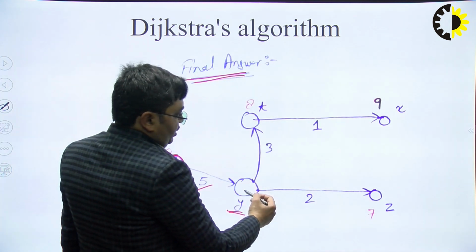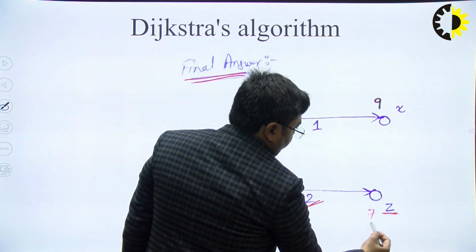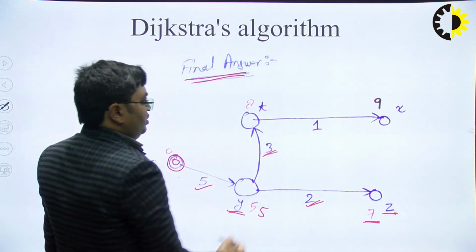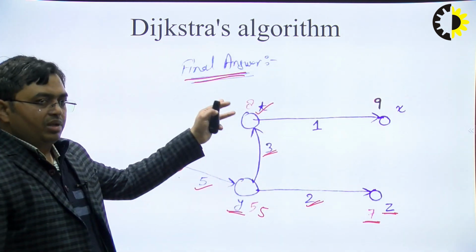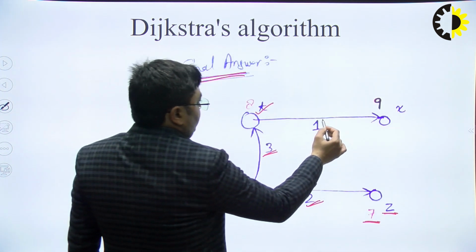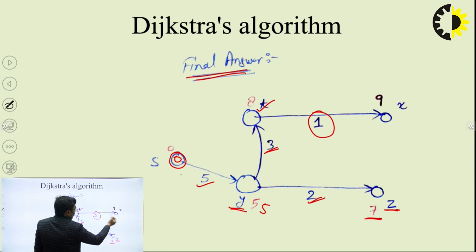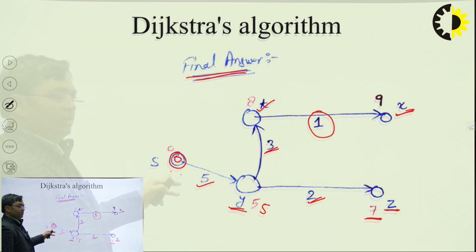After that we took value 2 and reached the z node with final value 7. From y we took edge value 3 and reached the t node with total value 8, and taking edge value 1, we come to the x node with 9. This is the shortest path for reaching each vertex from the single source.